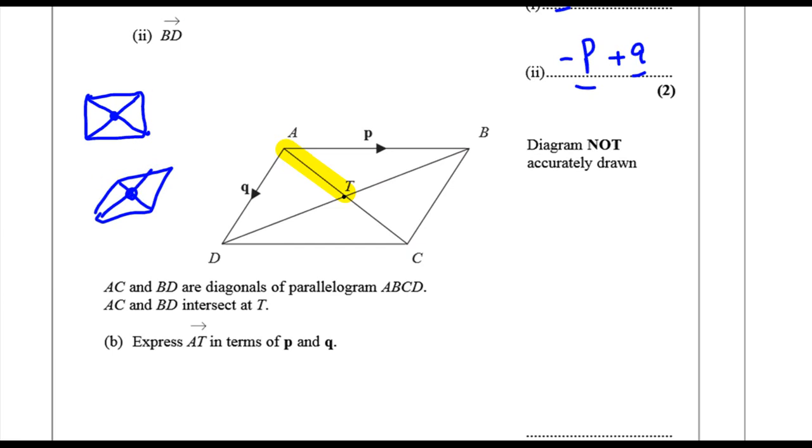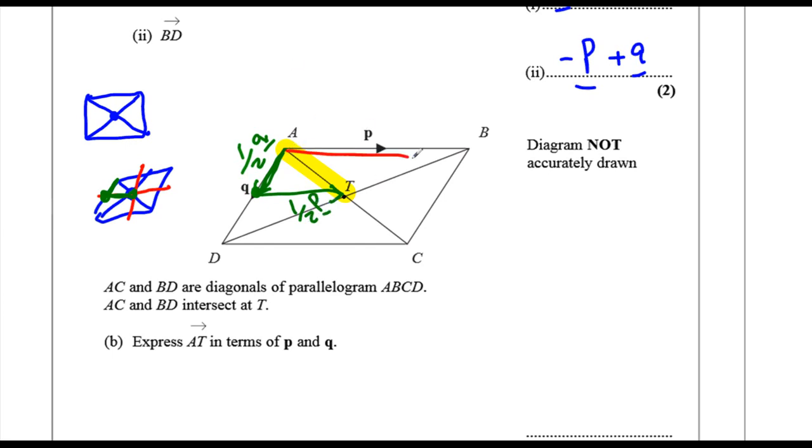Okay, so what that means is if you go halfway across, you're there, and halfway across there, you're there. So what I'm trying to say is we can go halfway along this line and halfway along this line. So let's do it. Let's go halfway along Q, which is a half Q. And then let's go halfway along P, which is a half P. How did I know it was halfway along P?